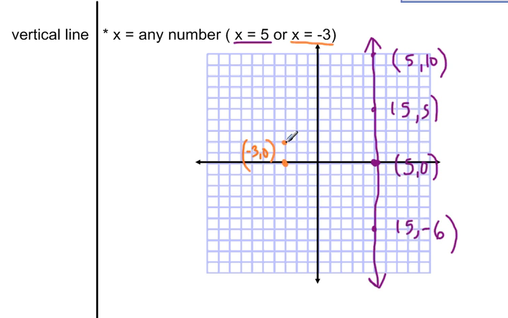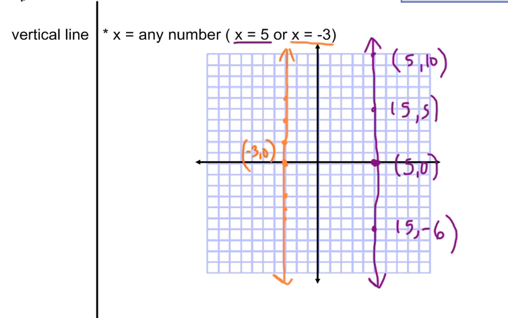This is negative 3, 2, negative 3, 4, negative 3, 6. If I jump down here, now I've got negative 3, negative 3, negative 3, negative 4, negative 3, negative 5. Every single point on this straight, linear, vertical graph is x equals negative 3.